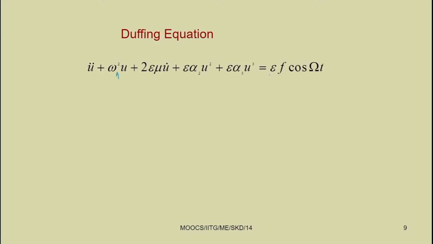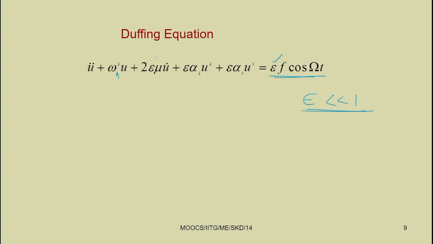If the forcing term is 0, then it is equivalent to free vibration, and in case we are taking the forcing term and the coefficient is written in terms of epsilon, then this is a weak forcing. Here epsilon is the bookkeeping parameter, which is always considered to be very much less than 1.